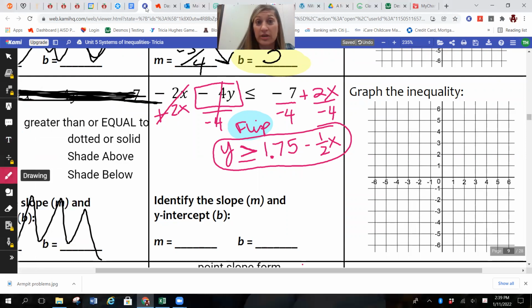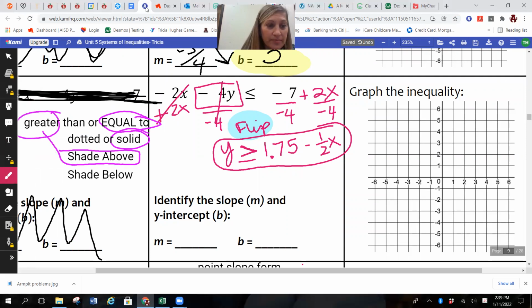When it's greater than or equal to, we know equal to means solid line, and greater means shade above. Greater means bigger. Shading above stuff means you're getting higher. Equal to means equal is an answer. So a solid line represents answers on the line. Shading above represents answers above the line.